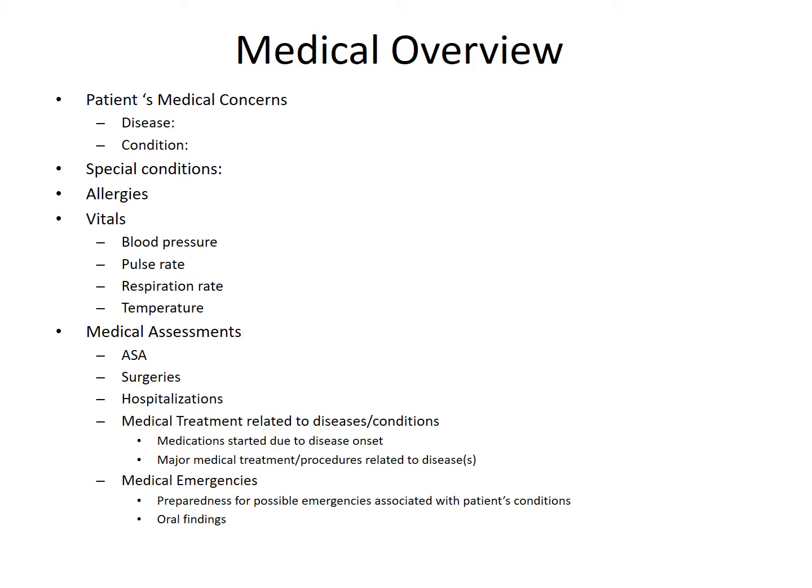Any special concerns relating to your dental treatment as pre-medication or appointments or medication may also be listed. ASA, allergies, vitals, any possible surgeries or hospitalizations that may relate to your patient's particular health problems, medical treatment related to the disease or condition, and any medical emergency that you must be prepared for in the event it should occur with your patient.